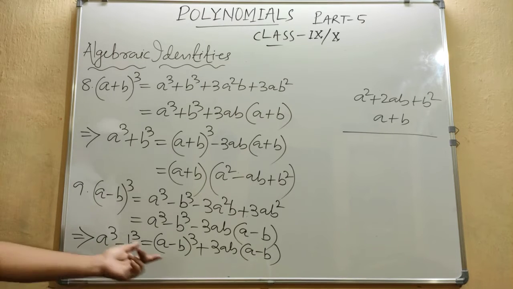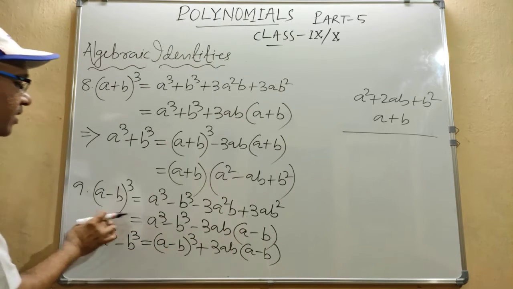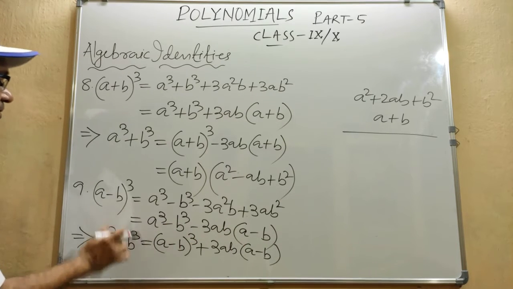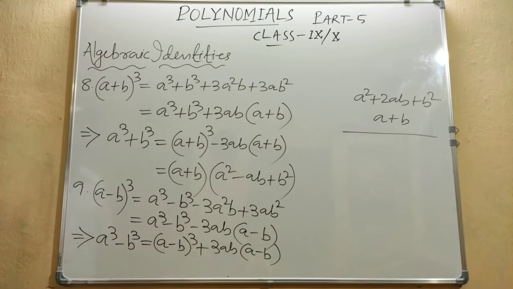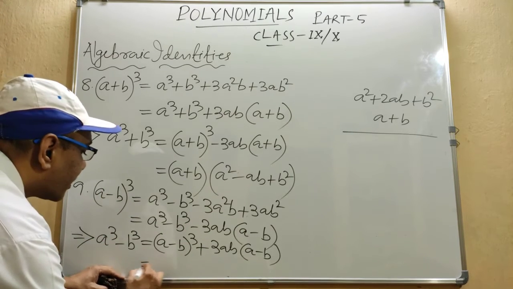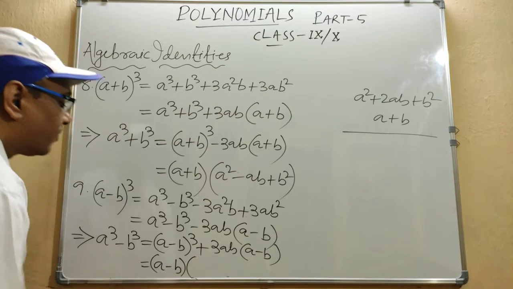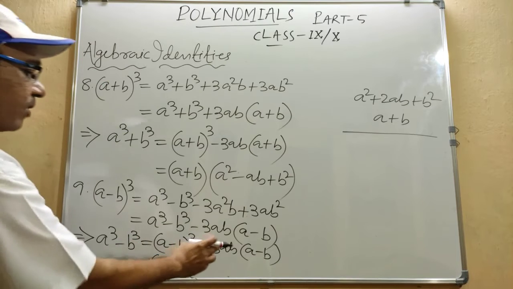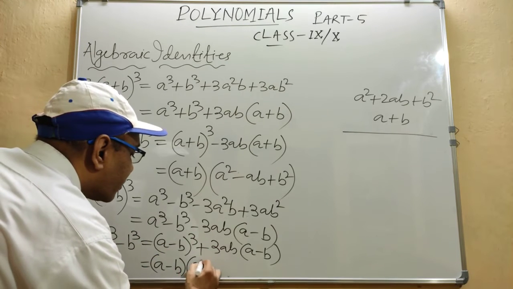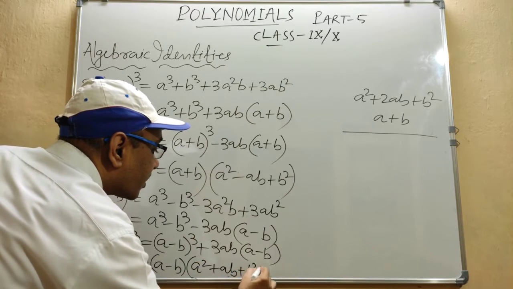This part will come this side, then a cube minus b cube will be (a - b) whole cube plus 3ab(a - b). And this can also be written as, if you take (a - b) common, which is more important, within bracket you will get (a - b) whole square plus 3ab. So it will give you a square plus ab plus b square.